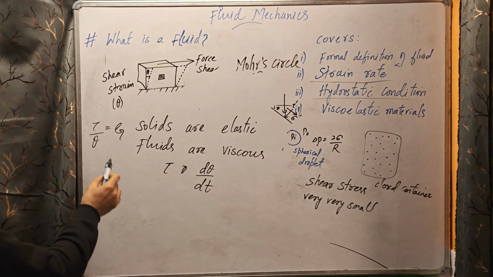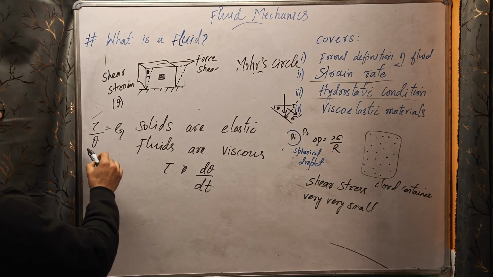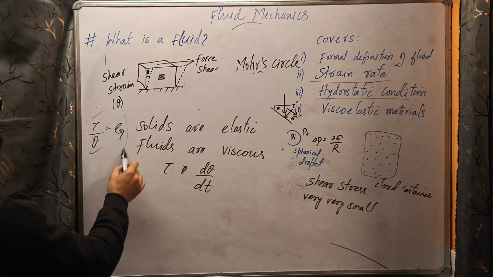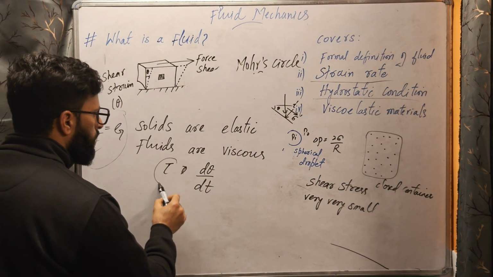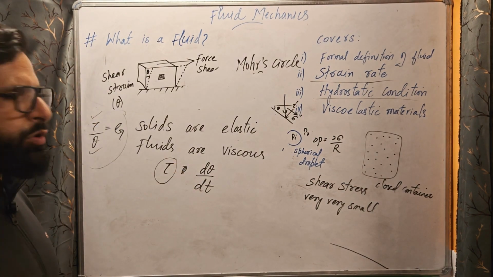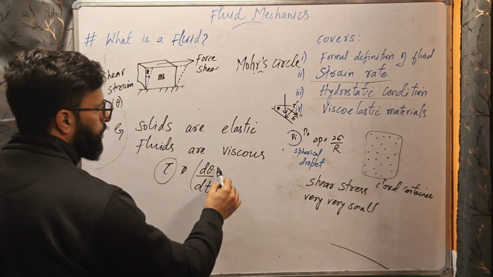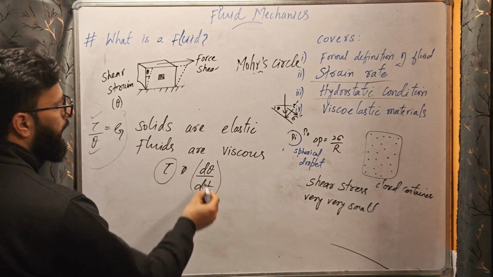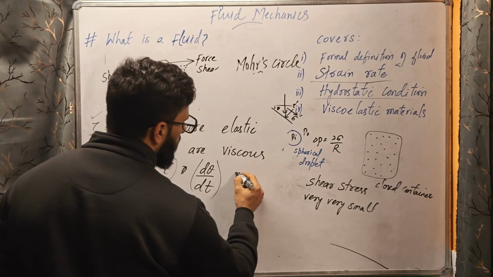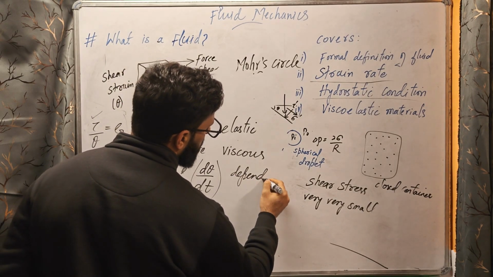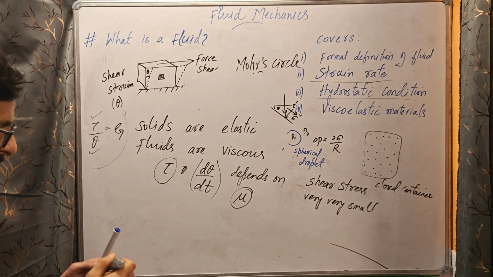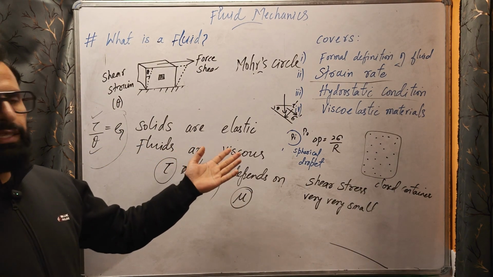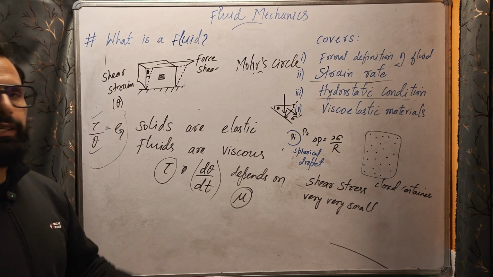Now in case of solids we have constant shear stress, constant shear strain, and we have this relationship. And in case of fluids we have some shear stress, however small, doesn't matter, and we have strain rate, and this strain rate depends on a property called viscosity. That's why we say solids are elastic and fluids are viscous.